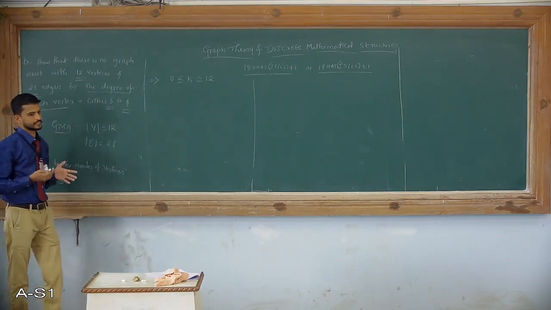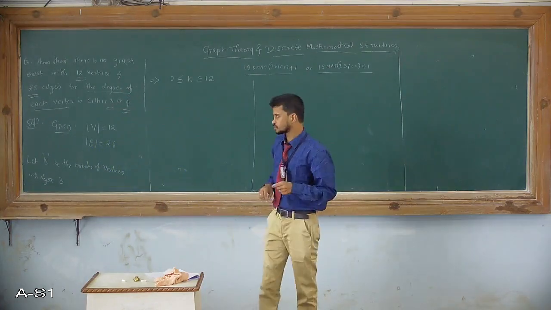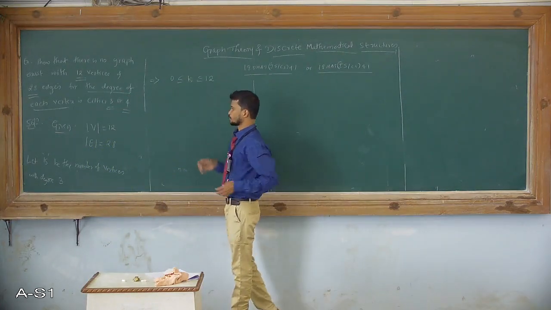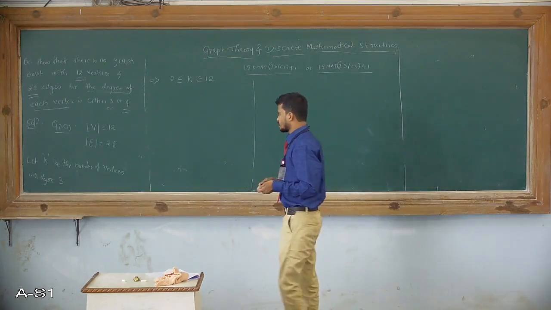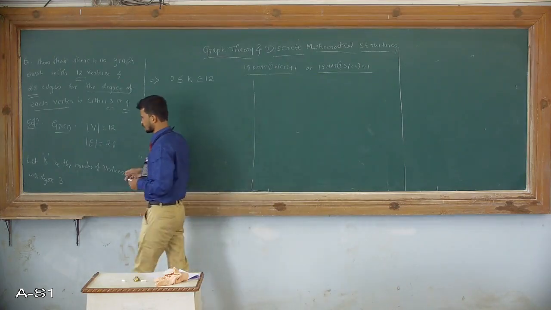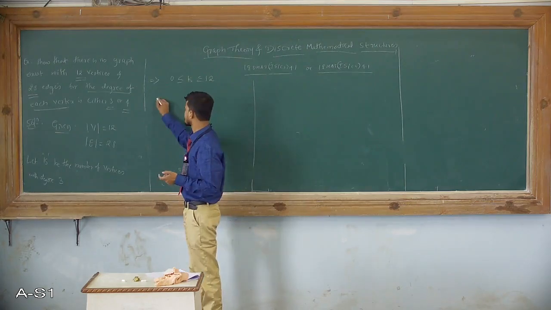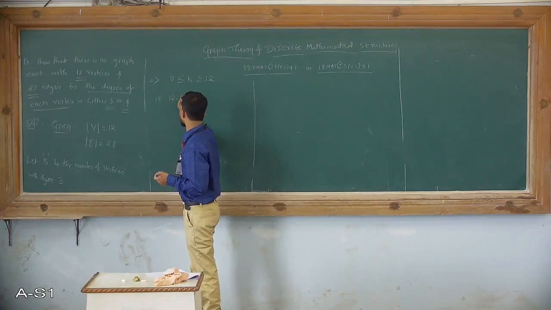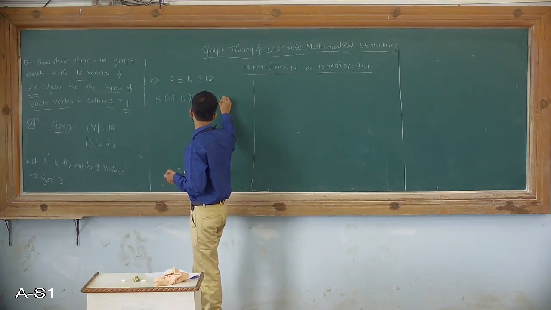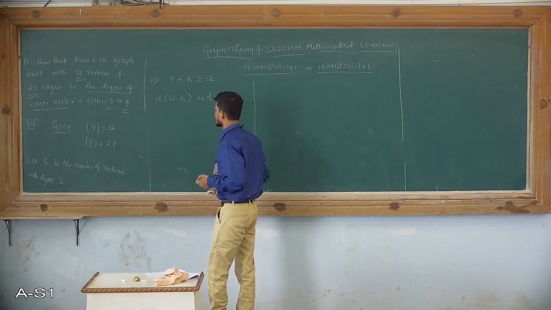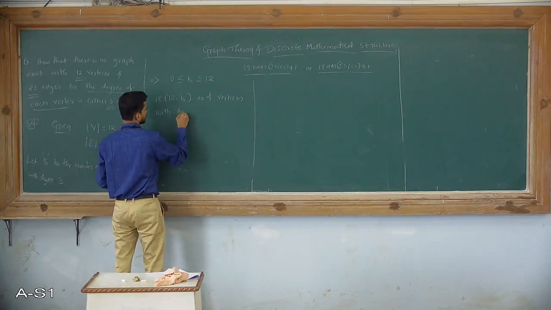K may be 0 or K may be 12. So if K vertices have degree 3, then what about degree 4? That is 12 minus K, the number of vertices with degree 4.